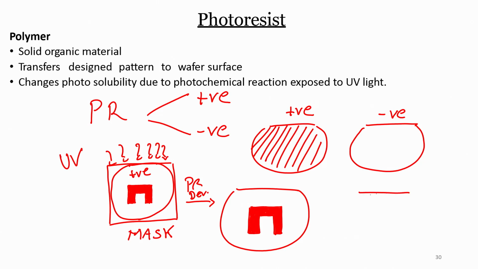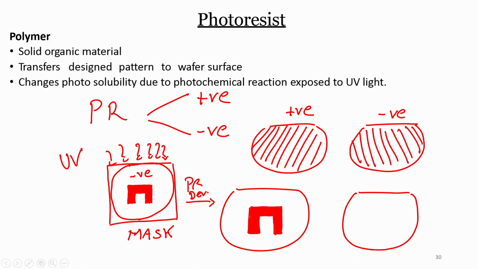In case of negative photoresist, let us say instead of positive photoresist, we have used a wafer which was coated with negative photoresist. Then when I expose with UV light, what do I obtain?